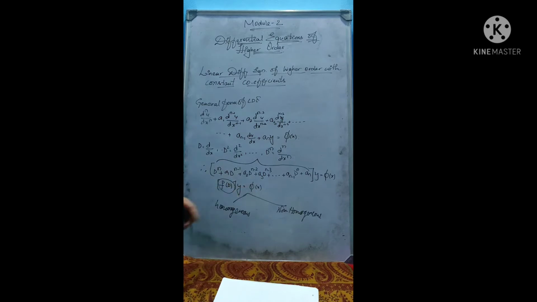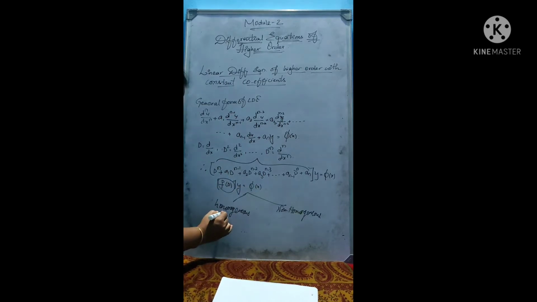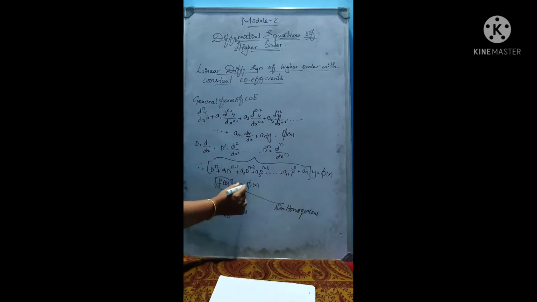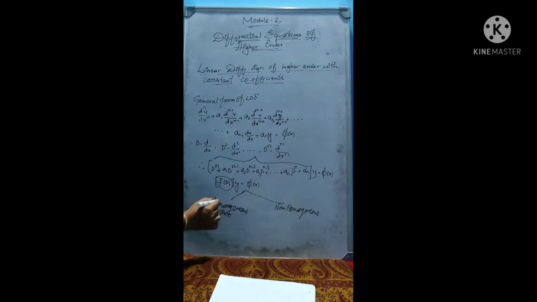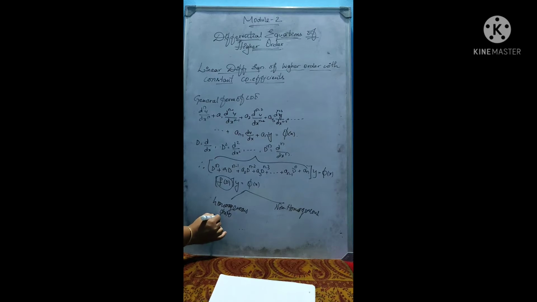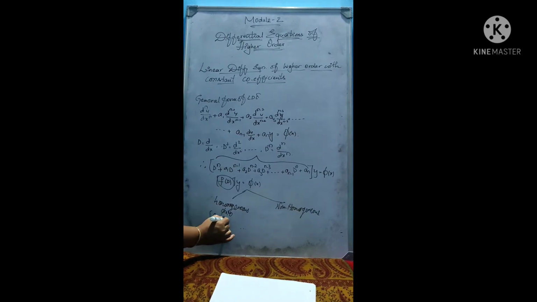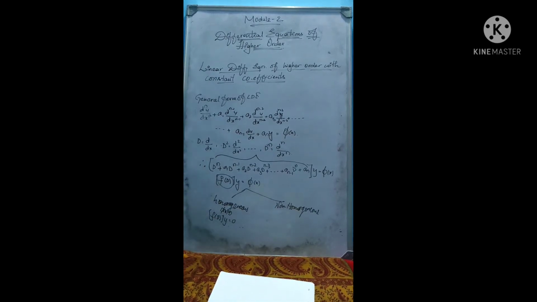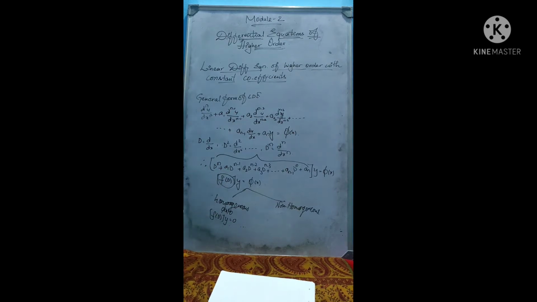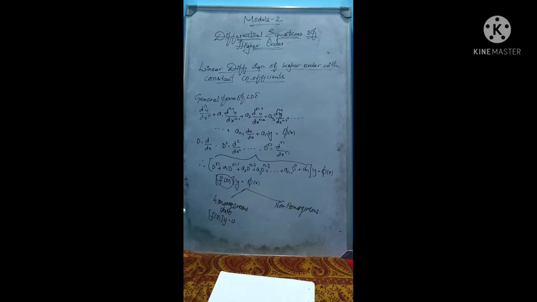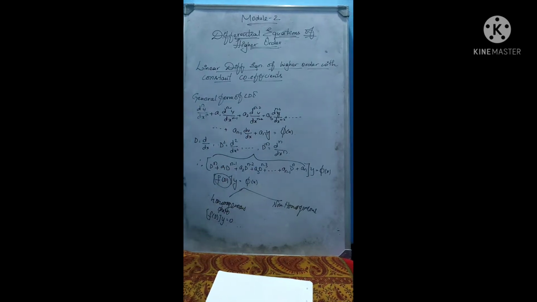When phi of x is equal to 0, then we call this homogeneous. That means this entire equation will take the form f of D into y is equal to 0. So this is said to be a homogeneous linear differential equation with higher order derivatives with constant coefficients.